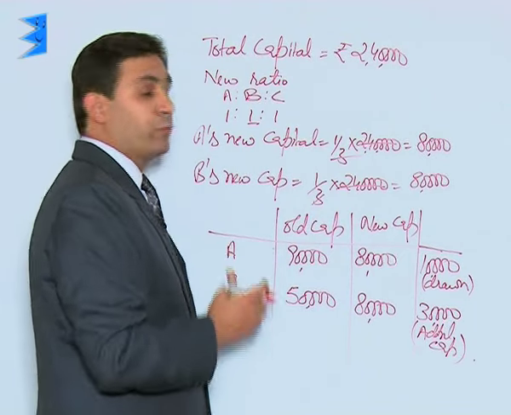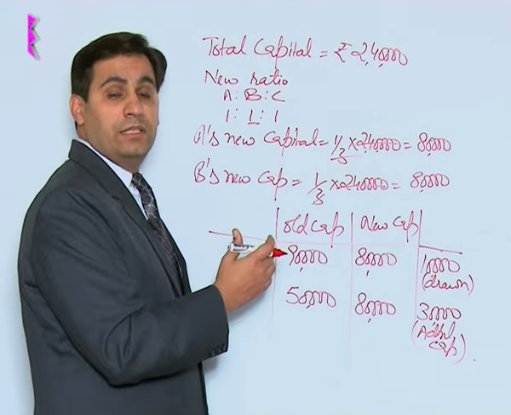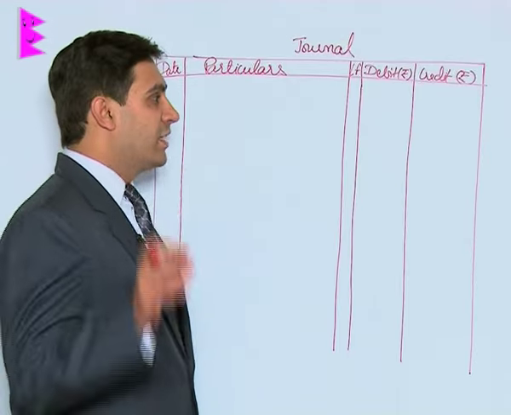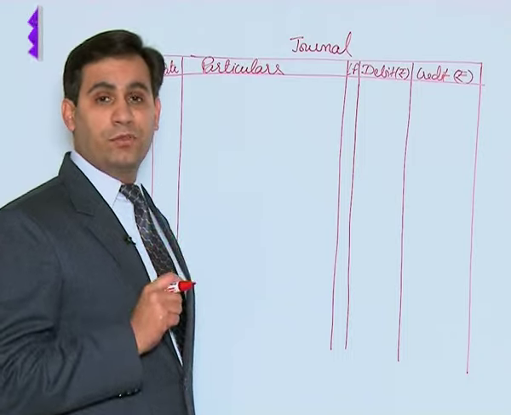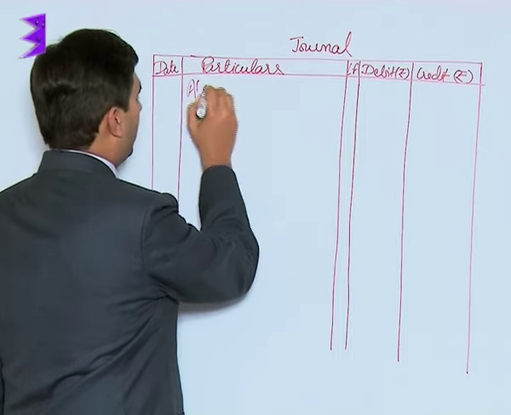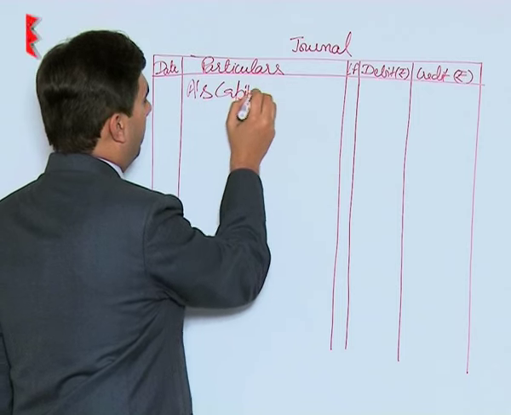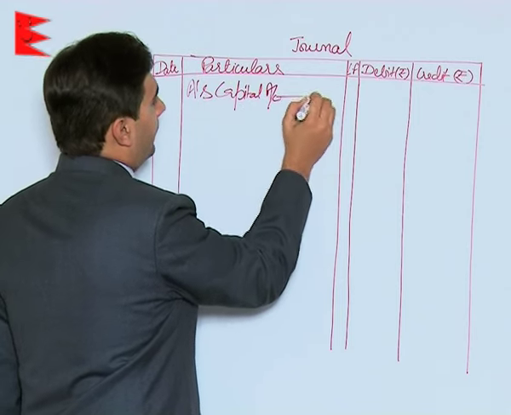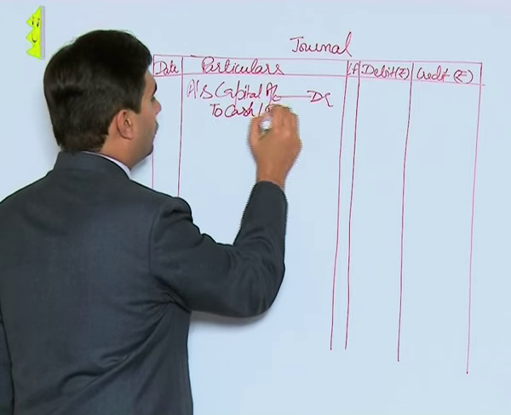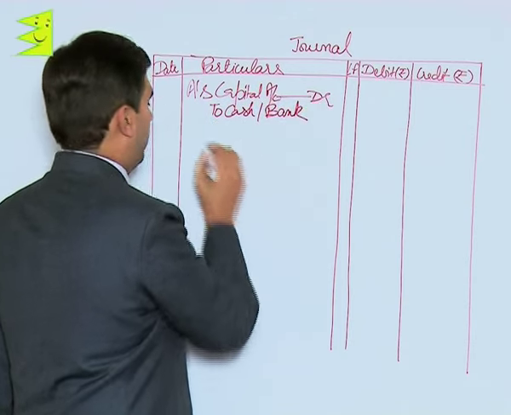Now students, let us see what would be the journal entries for bringing in these amounts by the old partners. Since A had an excess capital of 10,000, he will be withdrawing that capital. So the entry would be A's capital account debited to cash, and in case withdrawal is through bank, you can write bank as well.